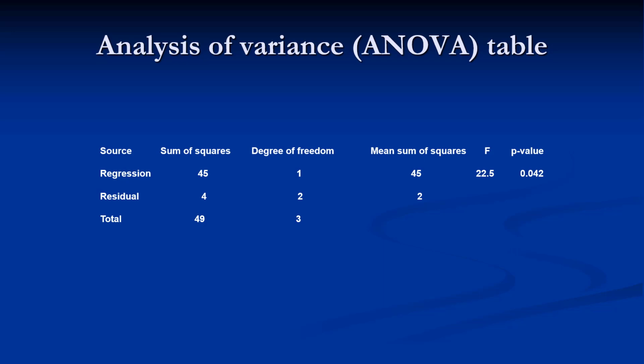To do this, we use a test known as the F-test. The reason for using an F-test is that the ratio of two variances has a sampling distribution known as the F distribution.